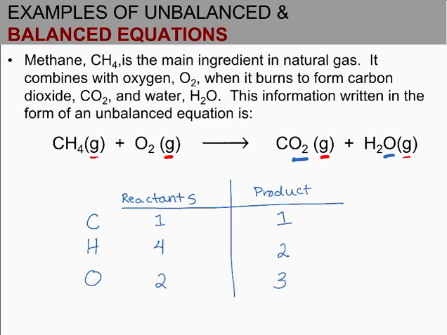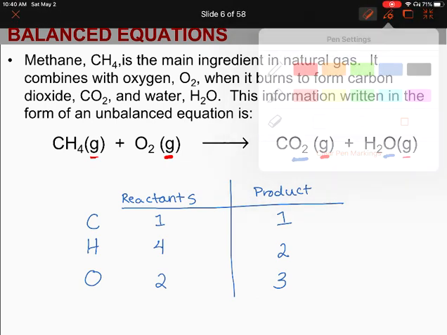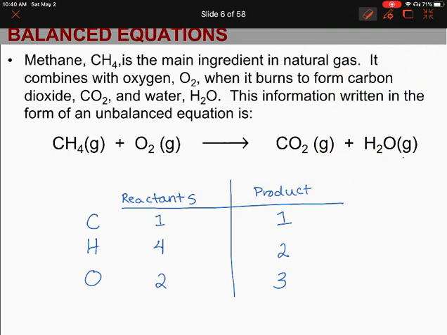Now, if you have a tricky problem like this where one of the elements is present in 2 or more products, or even 2 or more reactants, I recommend starting with the other elements first. So let's start with carbon and hydrogen, and then we'll go back to oxygen later. Okay, and then I'm just going to erase these little lines I made up above.